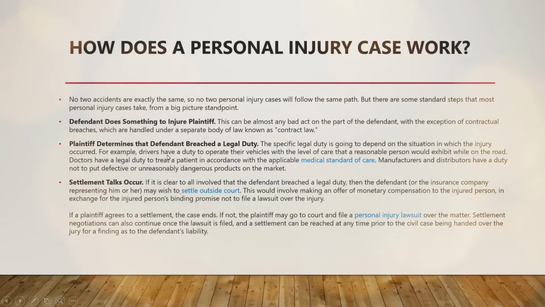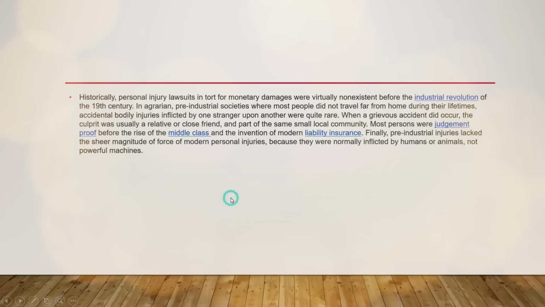If a plaintiff agrees to a settlement, the case ends. If not, the plaintiff may go to court and file a personal injury lawsuit over the matter. Settlement negotiations can also continue once the lawsuit is filed, and settlement can be reached at any time prior to the civil case being handed over to the jury for a finding as to the defendant's liability.